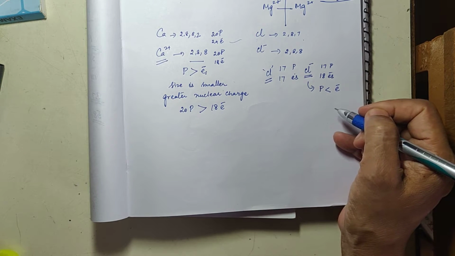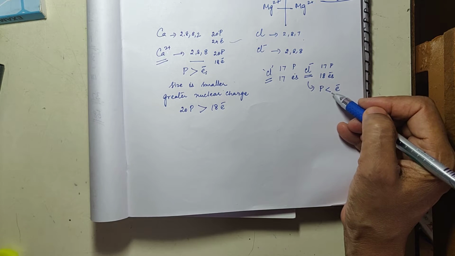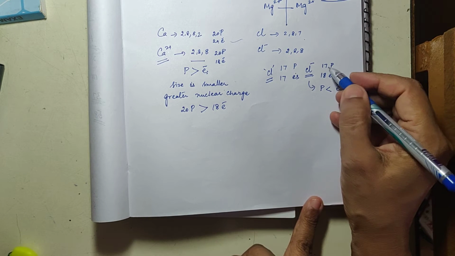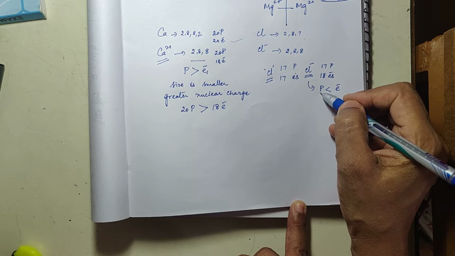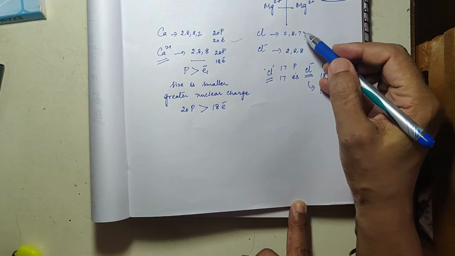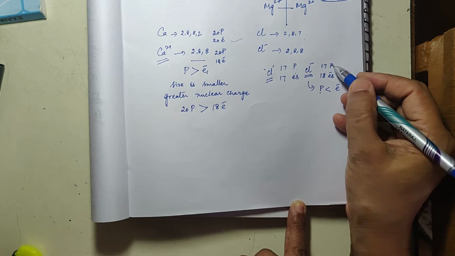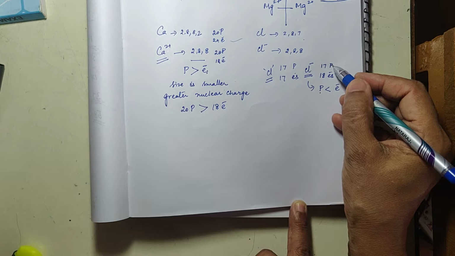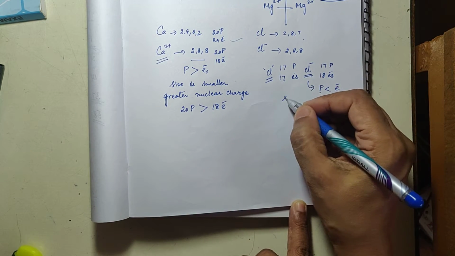So what will happen? That means 17 protons cannot hold on to 18 electrons as effectively as 17 protons and 17 electrons were doing. So when the proton number is less, the hold is also weaker, so the size is bigger.